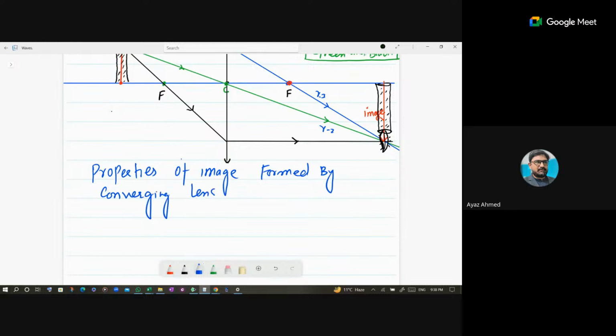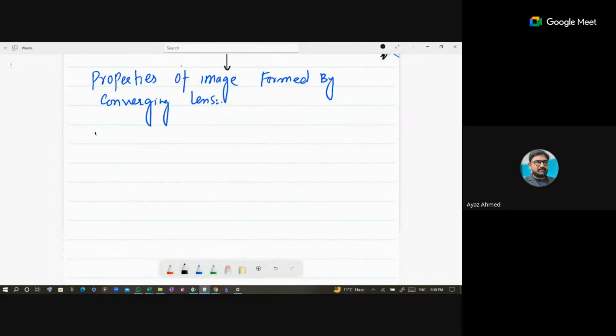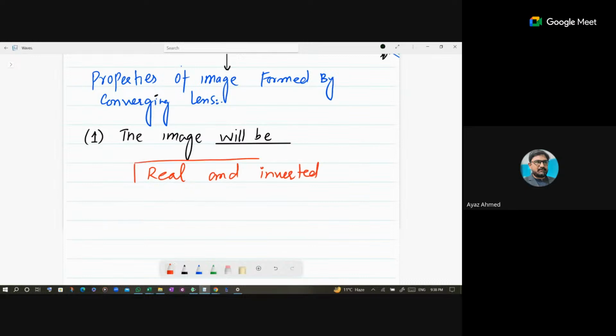The first set is that the image will be real and inverted. Not can be, the image will be, it is a must. I mean to say, this is one set. If the image is real, then it would be inverted. This is a compulsion. I mean, it is a must, right? If the image is real, then it must be inverted.